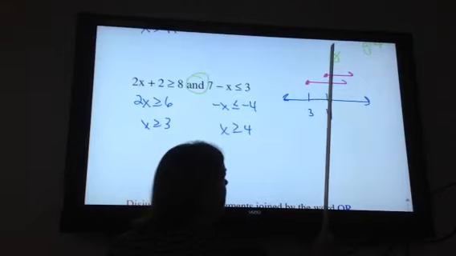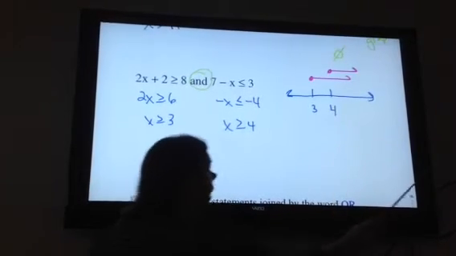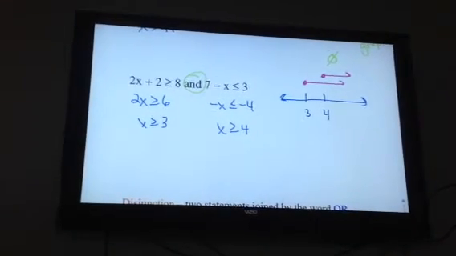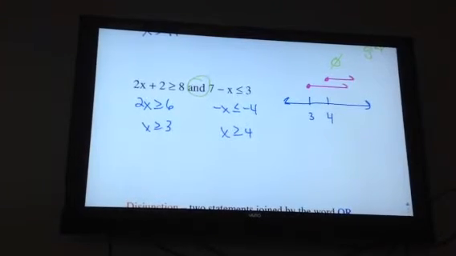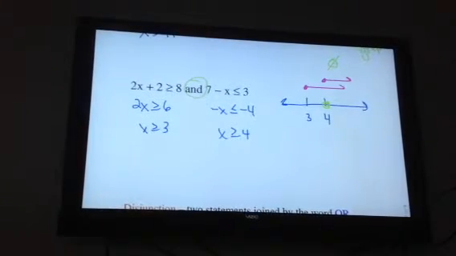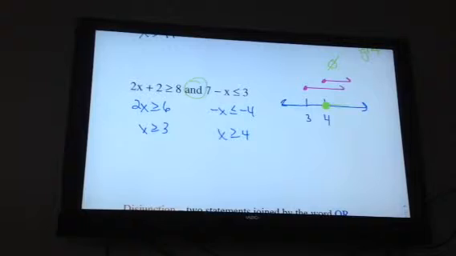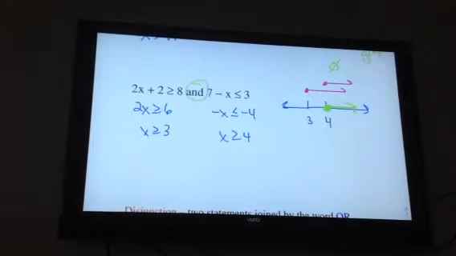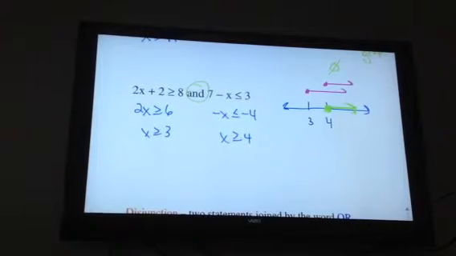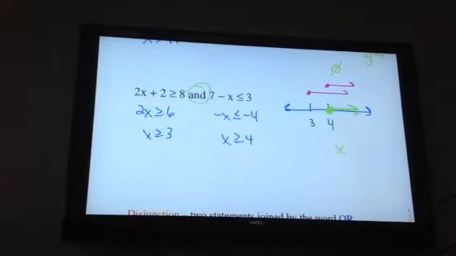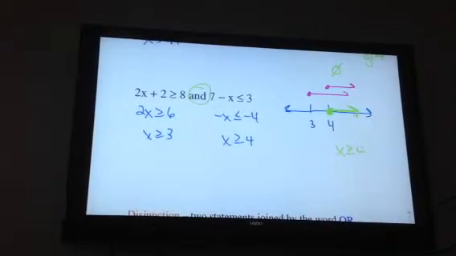So my answer is going to be from 4 up. My final answer. And it will be a closed circle because there's a closed circle on the 4. And then my algebra answer is x is greater than or equal to 4.